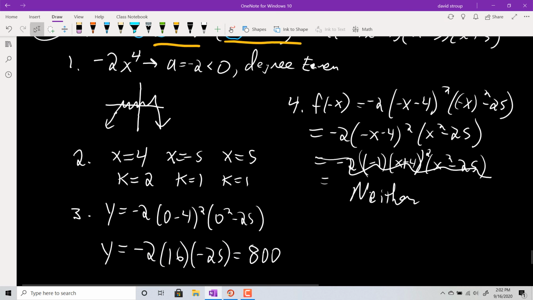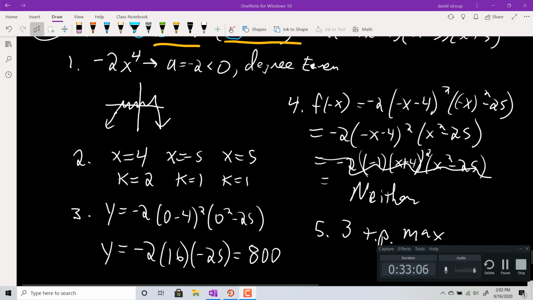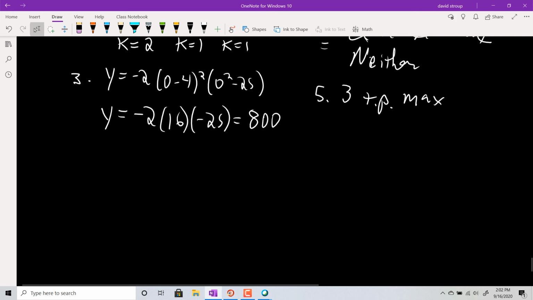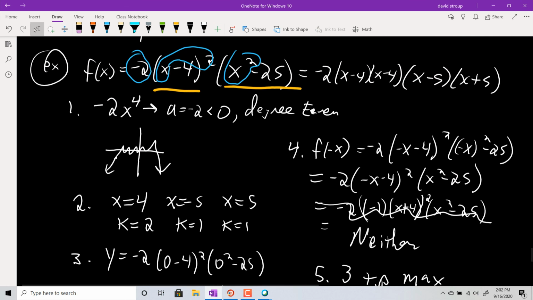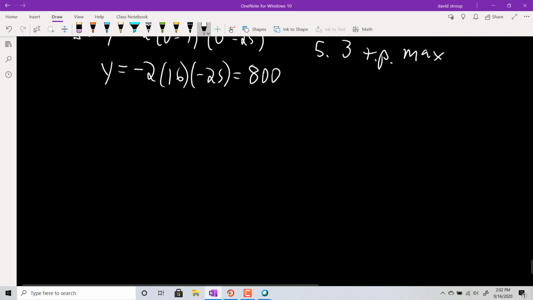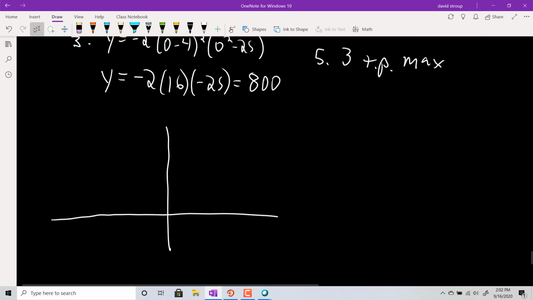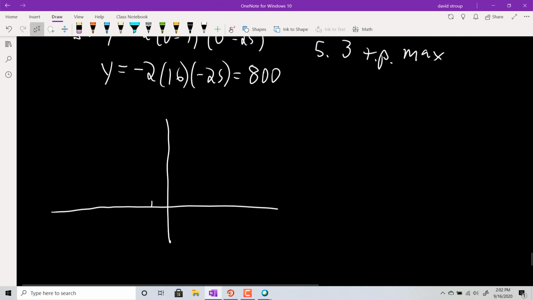Okay. Lastly, then, the number of turning points. Because it's degree 4, there'll be 3 turning points maximum. Okay, let's go ahead and try to graph this thing now, given all the information we have. So on the x-axis, we have negative 5, 5, and 4.